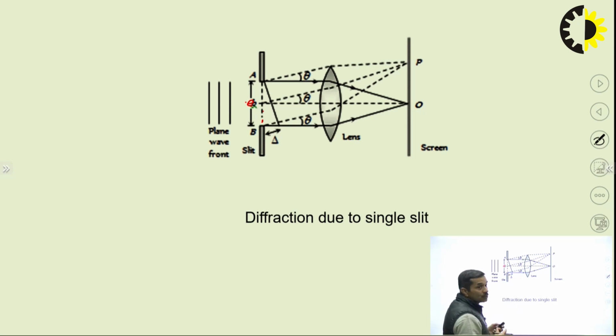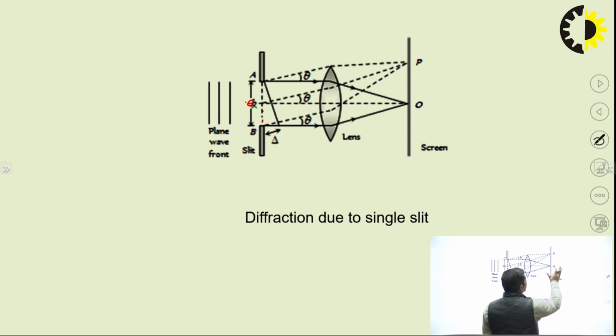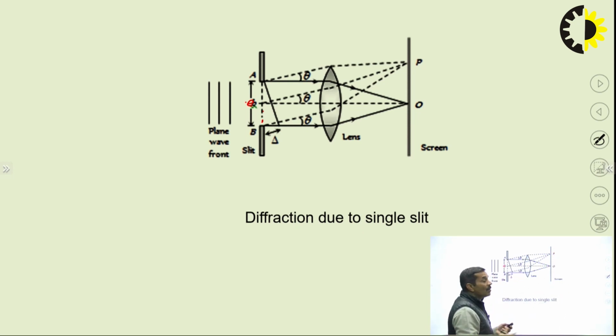Due to their superposition or interference, we will have a resultant intensity on the screen, and its value depends upon the phase difference and path difference between the interfering secondary wavelets.